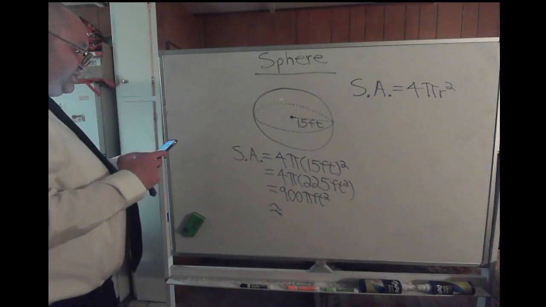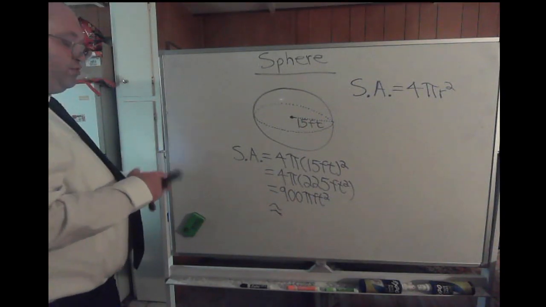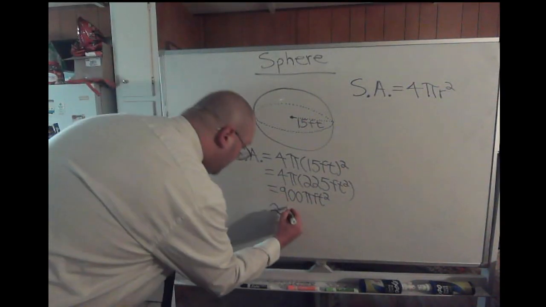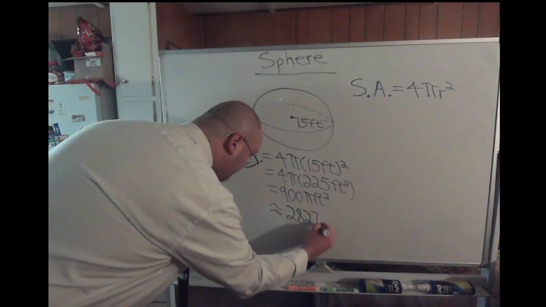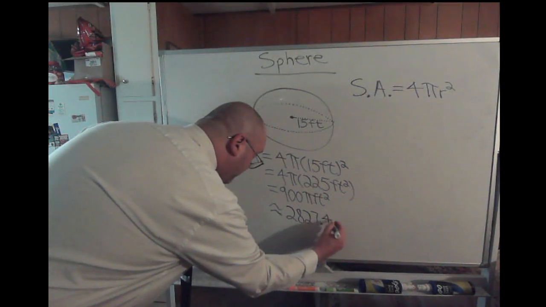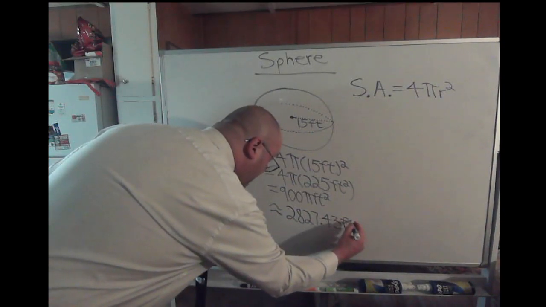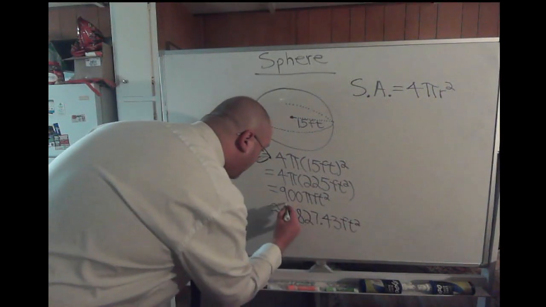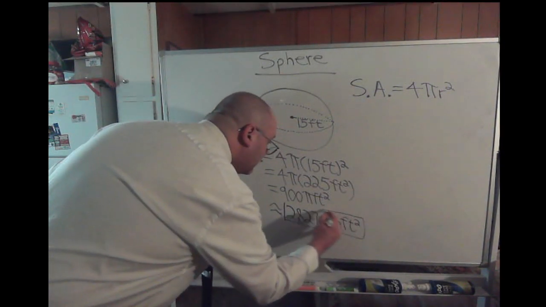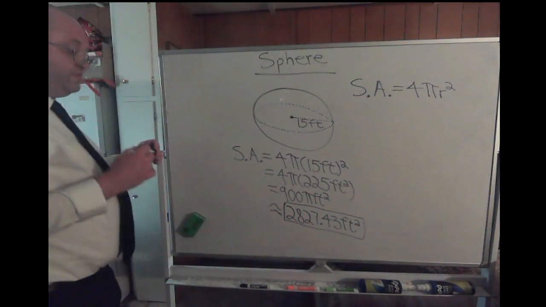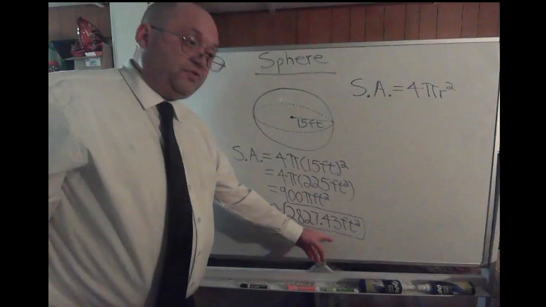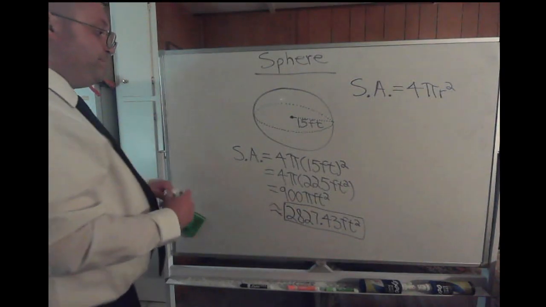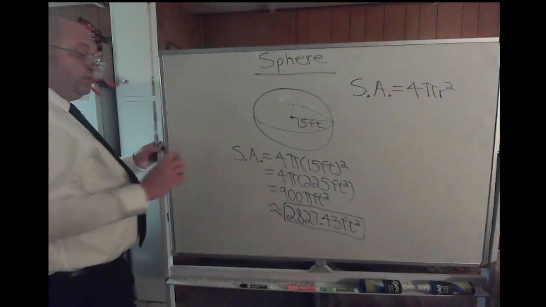You would get about 2,827.43 square feet for the surface area of the sphere. It would be about 2,827.43 square feet. And yes, I will do one more example.